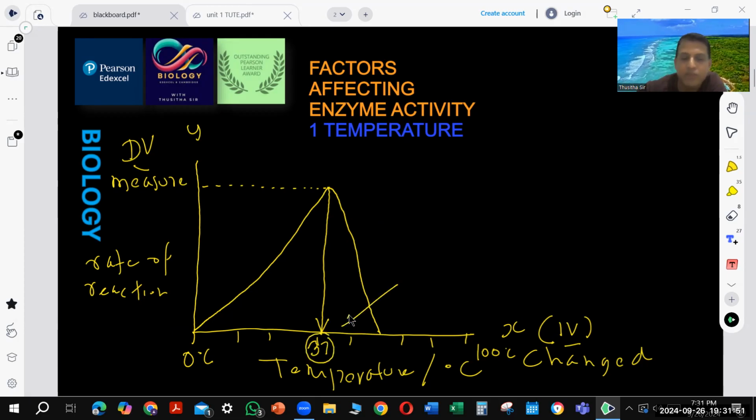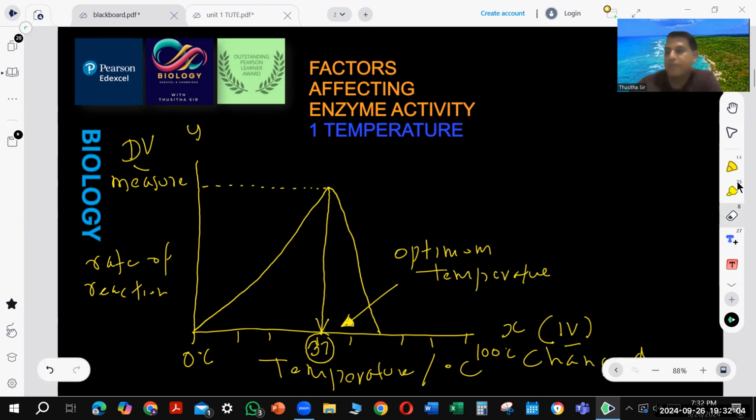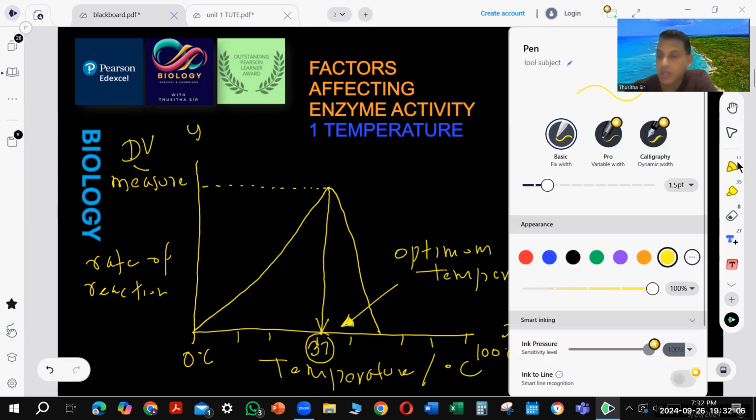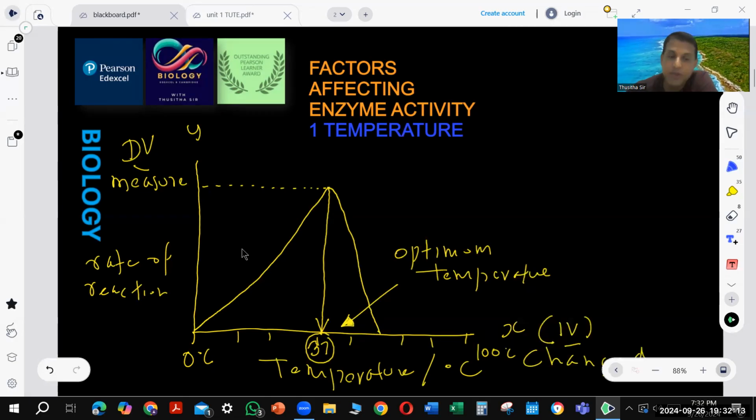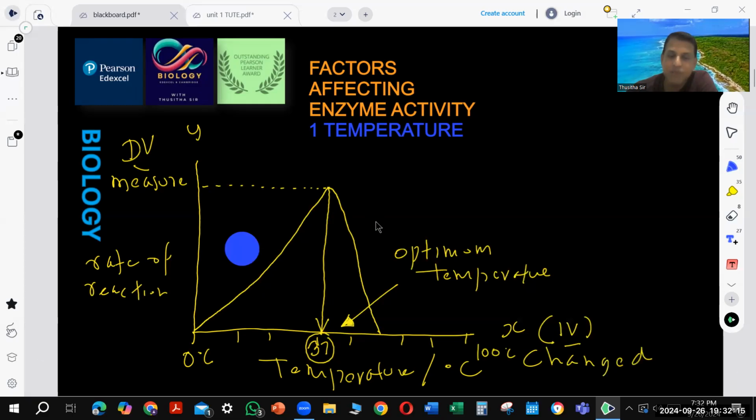I think many of you know this one. This temperature has a name. It's called optimum temperature. Right now, I know some of you know the explanation for this part, and some know the explanation for the other part.